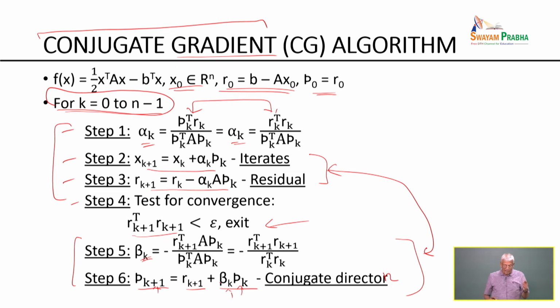So, you update the iterate, you update the residual, you update the conjugate direction. Steps 2, 3, and 6 are the three updates of the iterate, the residual, and the conjugate direction. These updates require the coefficients for the linear combination, alpha k and beta k. So, 3 updates, 2 parameters, 3 plus 2 is 5, 1 test condition, 6 steps you get out.